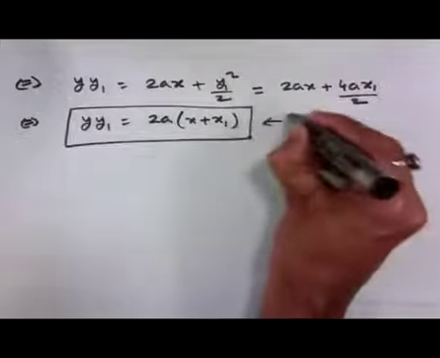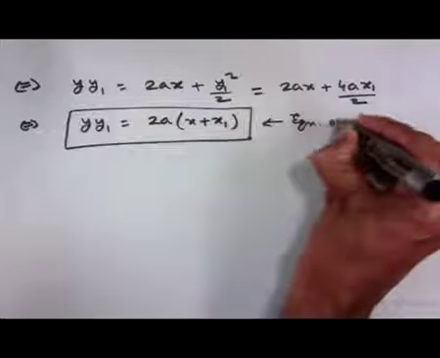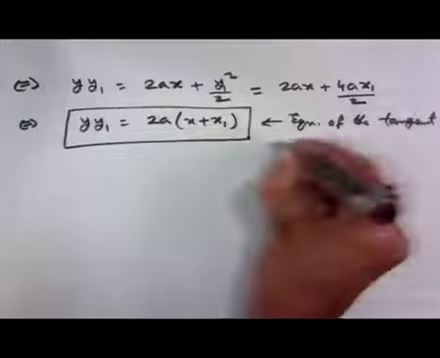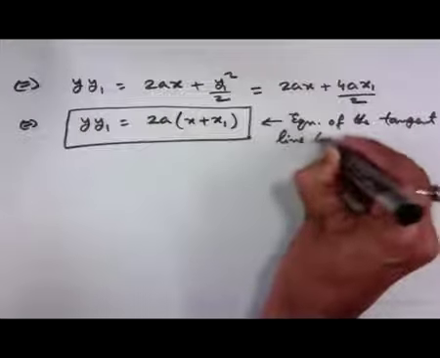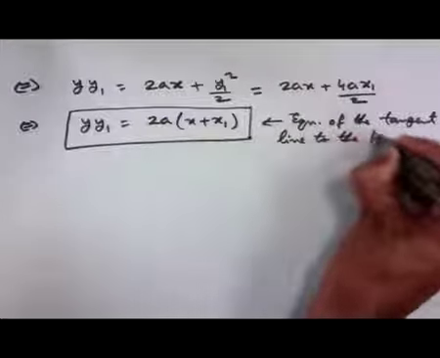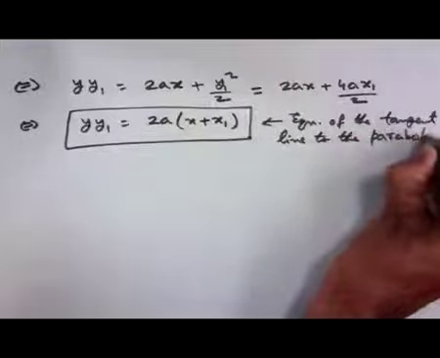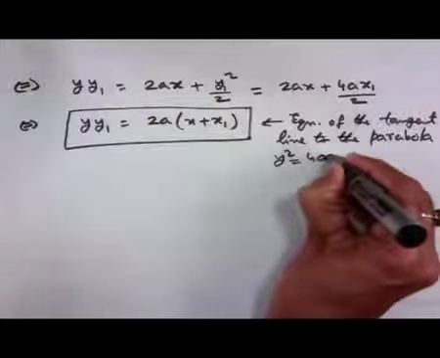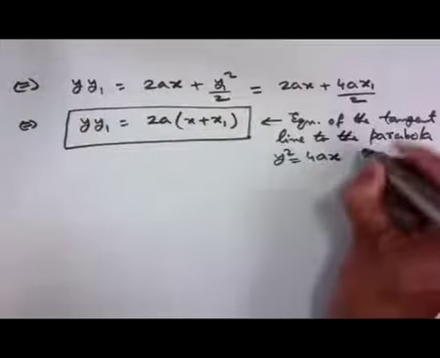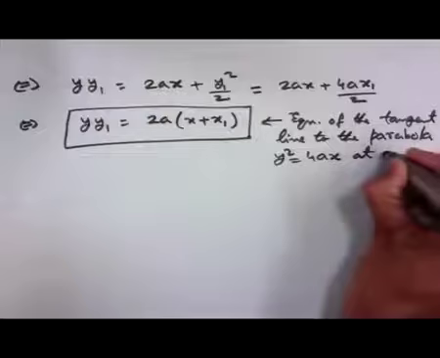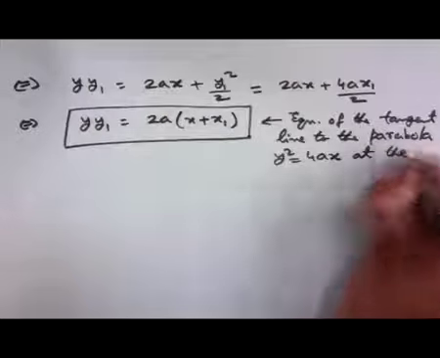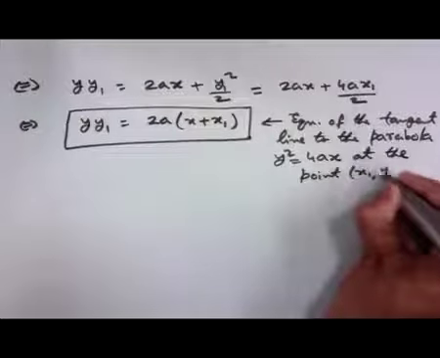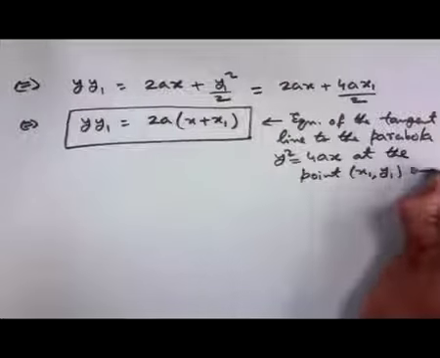This is the equation of the tangent line to the parabola y square equal to 4 a x at the point x 1 y 1 on the parabola.